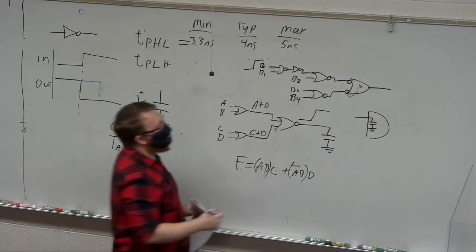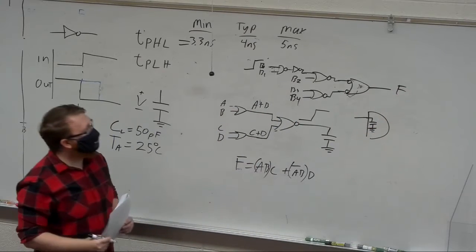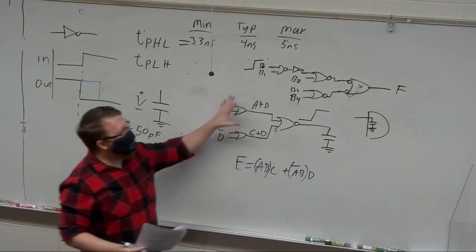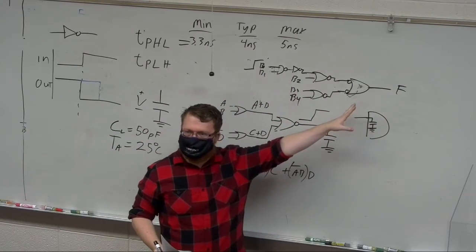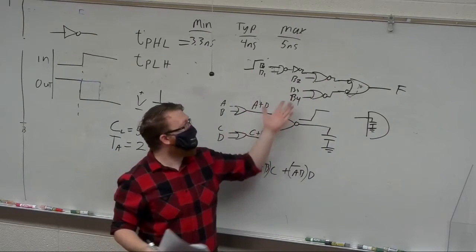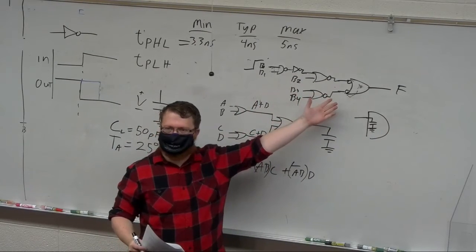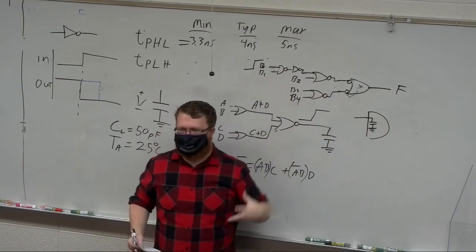The total propagation delay at F is a result of the longest path, right? You don't really care necessarily yet, we will eventually, about the other propagation delays. What you care about first off is the longest path propagation.